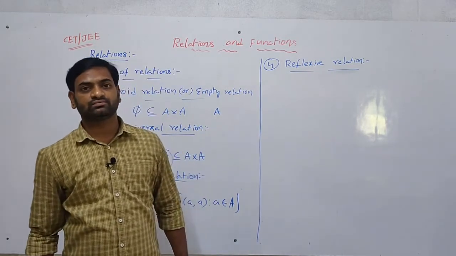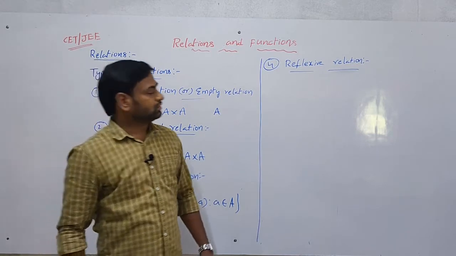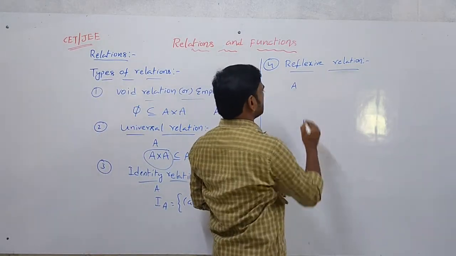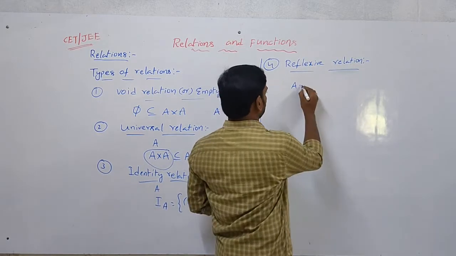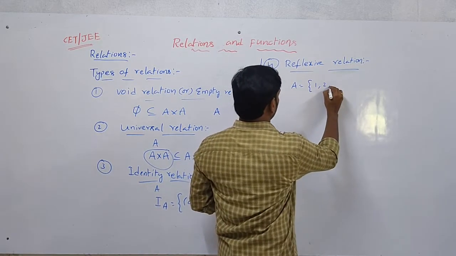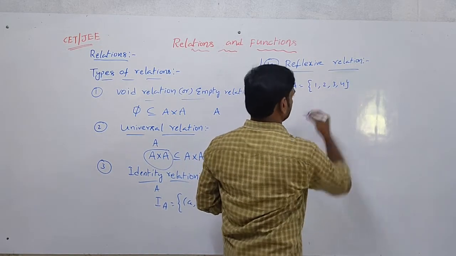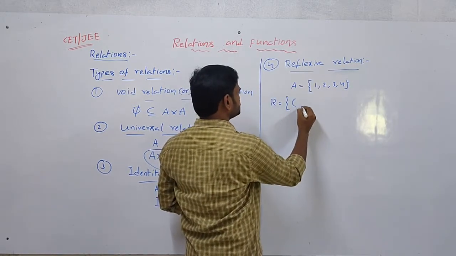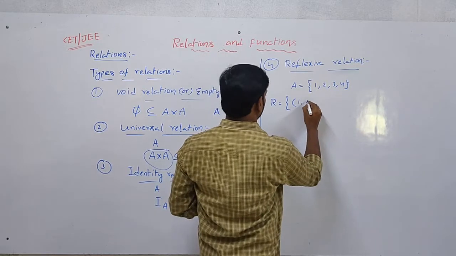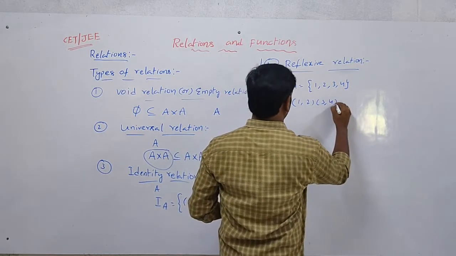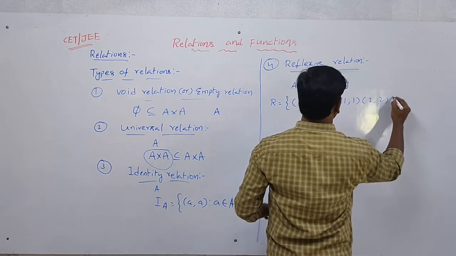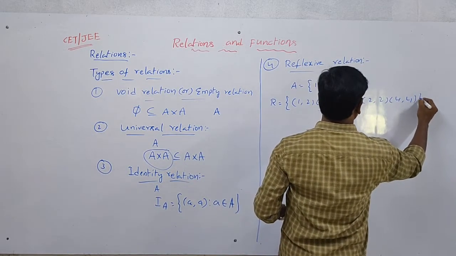Suppose in A we have 1, 2, 3, 4. In the relation, if I take R = {(1,1), (2,2), (4,4)}, close.